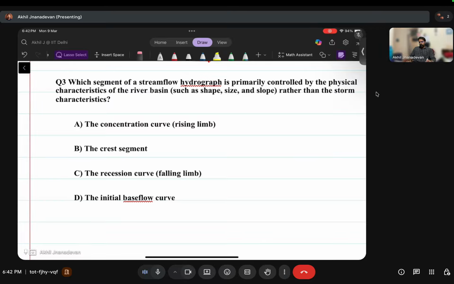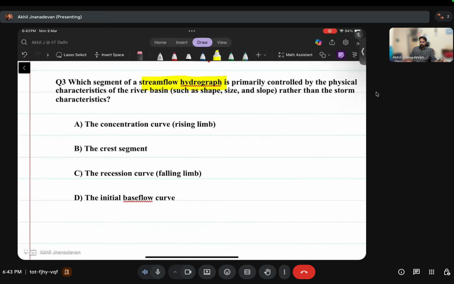So basically here we need to look into the concept of the stream flow hydrograph. This is the second important concept that was taken in the previous week's lecture.